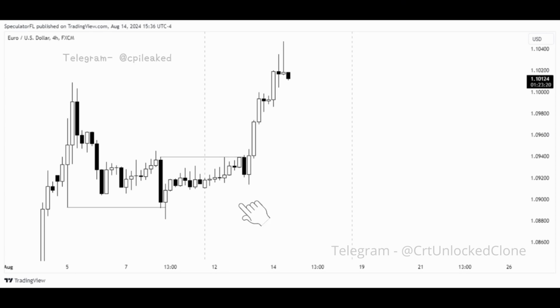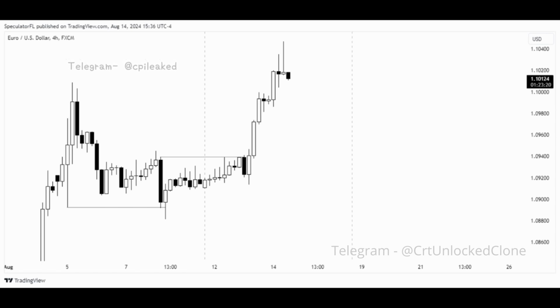Now what you can see right here is that during Monday we did not do anything significant at all. The reason I'm saying that is because you can see this CRT high, and on Monday we just stayed inside of it without doing anything, so I stayed away.